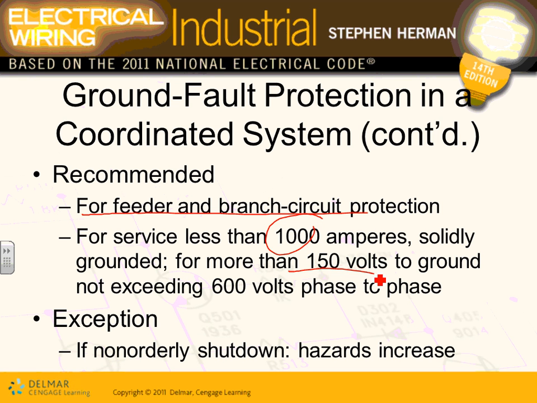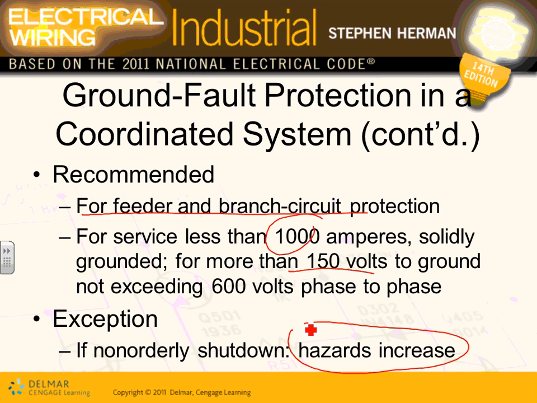You don't have to put it in a place where a shutdown can increase the hazard. So if you're cooking chemicals, it's not required in a place where a circuit breaker, guys, is tied to cooking some chemicals. If you trip the circuit breaker, you could create more hazard. Does that make sense? More hazards. So they don't want you to put it in a place where tripping the circuit breaker will create more hazard than a ground fault.